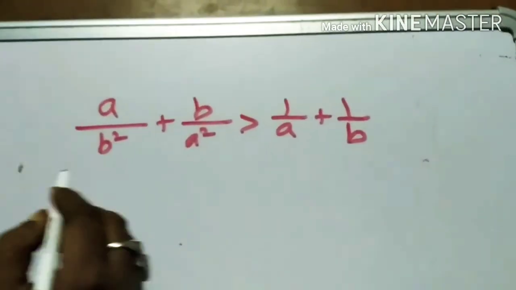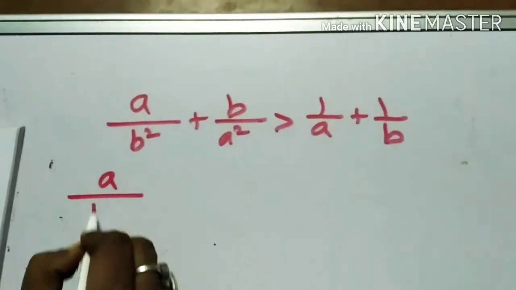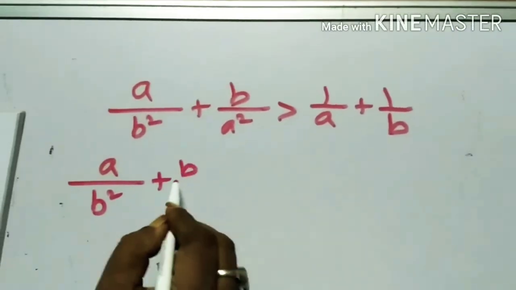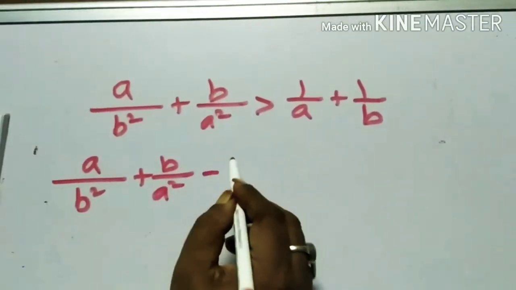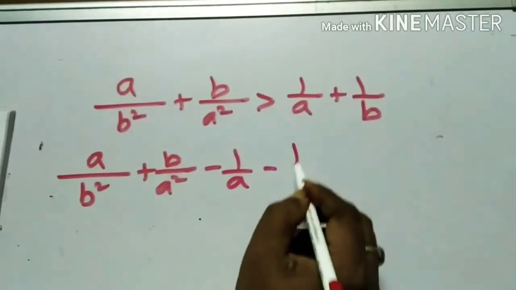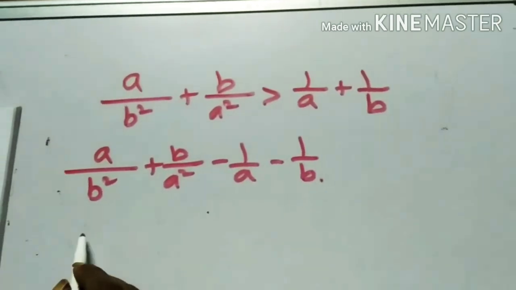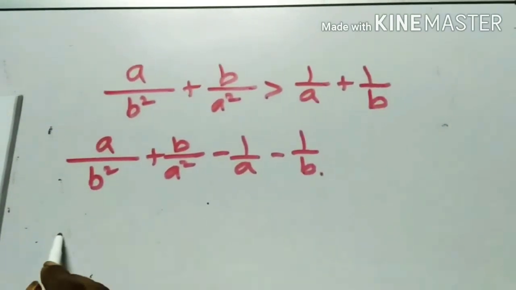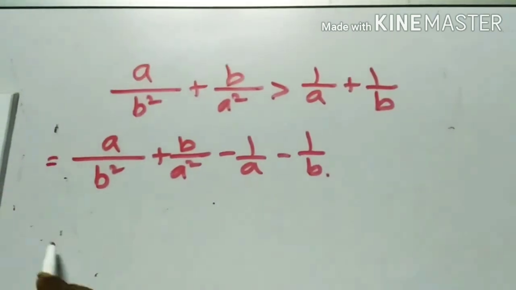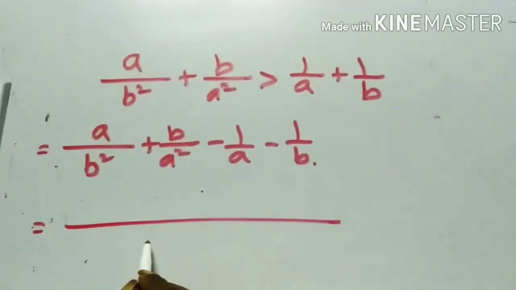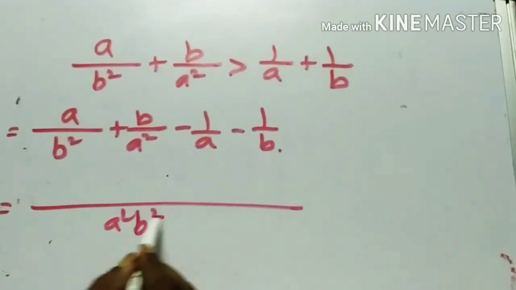So I am going to apply the same technique: a by b square plus b by a square minus 1 by a minus 1 by b. So I am going to take the LCM. What will be the LCM? That is a square b square.